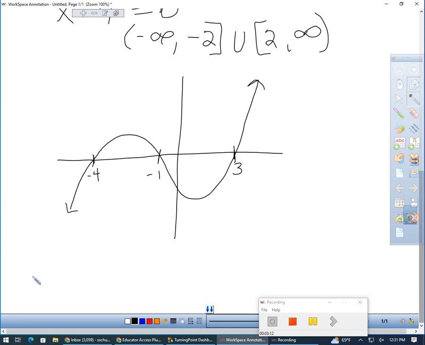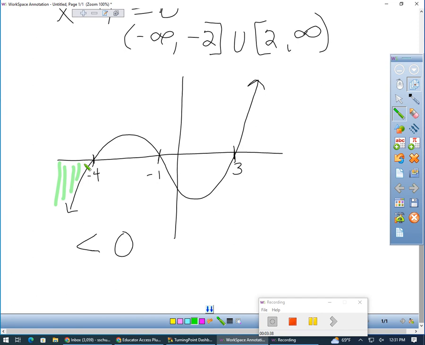All right, so let's start with where it is less than 0. So I want to talk about where the different intervals would be impacted. So less than 0 is where this is below the x-axis. So to the left, see how the arrow is below, this is all less than. And then we have that valley right below the x-axis.